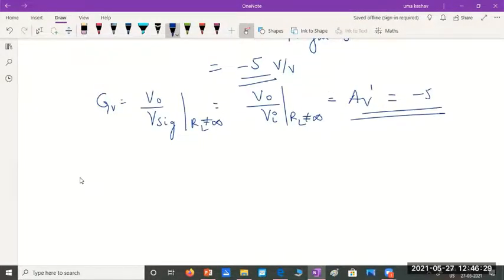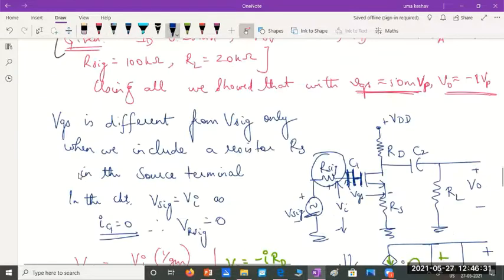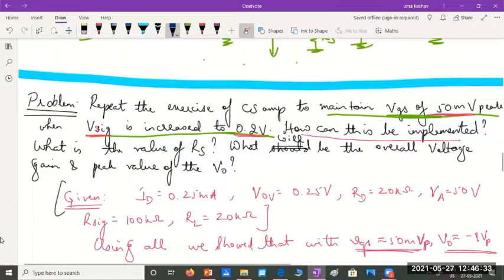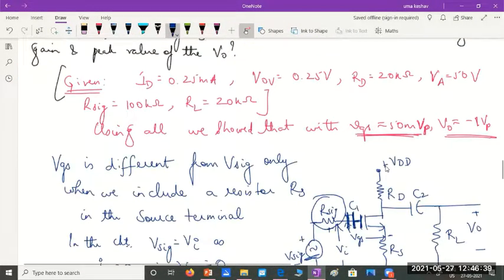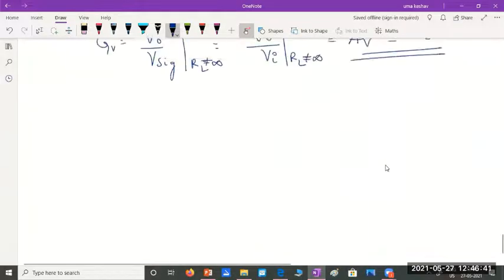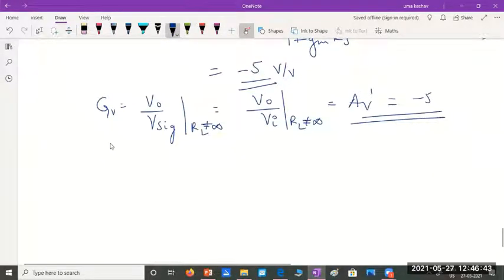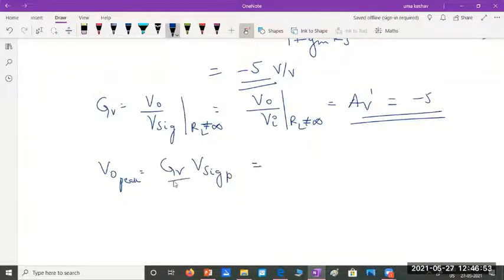Now finally, what is asked in the question? Find the overall voltage gain, that is GV, we know, and peak value of V0. So what is V sig? V0 peak will be GV into V sig peak. What is the value of GV? Minus 5.